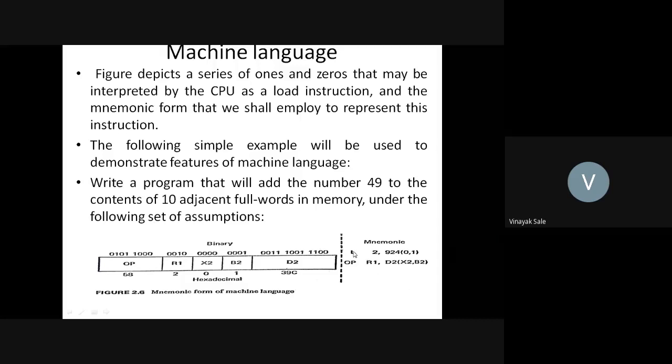Here OP is the operation, then register, then hexadecimal, then base register, and then displacement. This is the mnemonic form of the particular code, that is, a displacement of hexadecimal and base register.